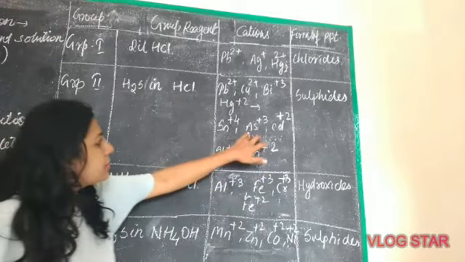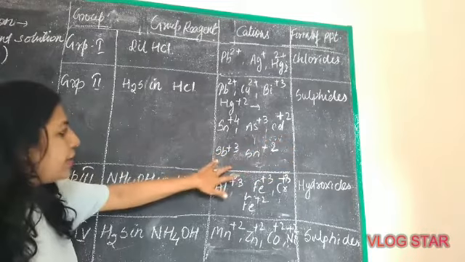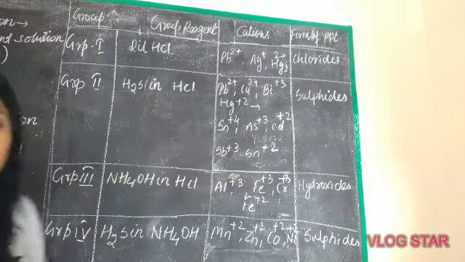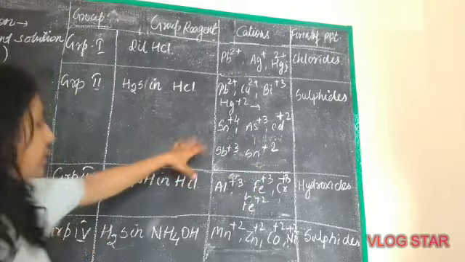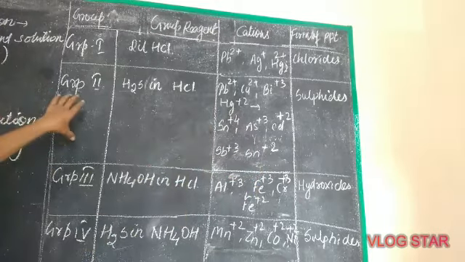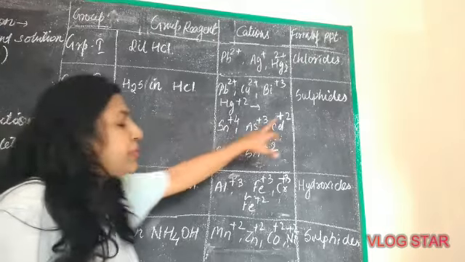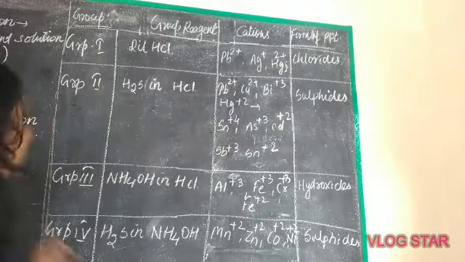Children, this is arsenic, cadmium, antimony, tin. This is also tin, plus 2, plus 3. Gradually you'll come to know what is the difference between them. Then this group radicals precipitate in form of sulfides.